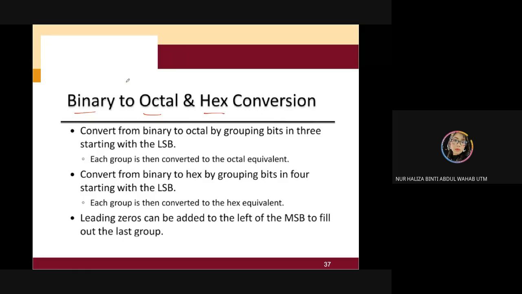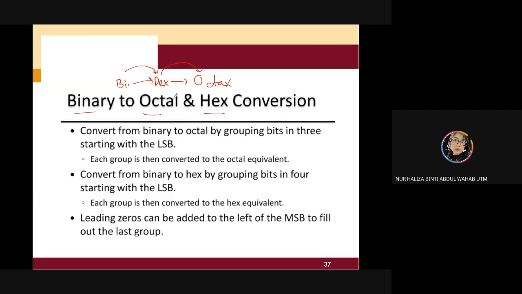Let's say you have binary and you want to convert to octal. Instead of using this kind of method, you can also take the long way, without using the highway, maybe going using jalan kampung and so on. So you can convert binary to decimal, decimal to octal.